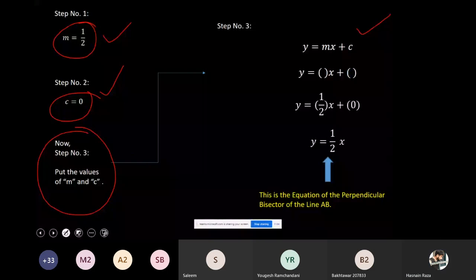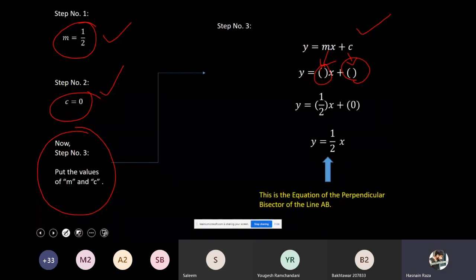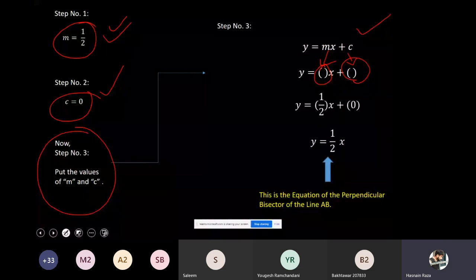देखो बेटे, m और c की जगह पे मैंने सिर्फ ब्रैकेट्स यूज किए हैं, x ऐसा का ऐसा और y ऐसा का ऐसा. For forming the equation, we do not have to put the values instead of x and y. We just have to put the values of m and c, the slope and the y-intercept. So we know m की जगह क्या पुट किया जाएगा? स्टेप नंबर 1 का आंसर. c की जगह क्या पुट किया जाएगा? स्टेप नंबर 2 का आंसर.